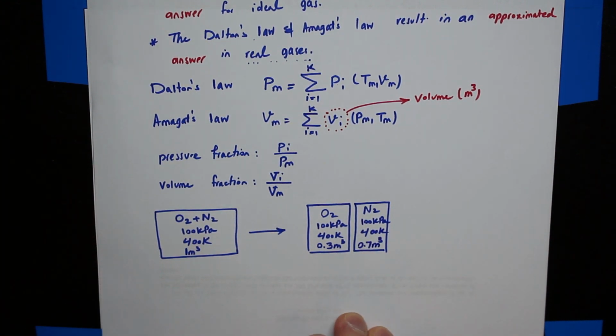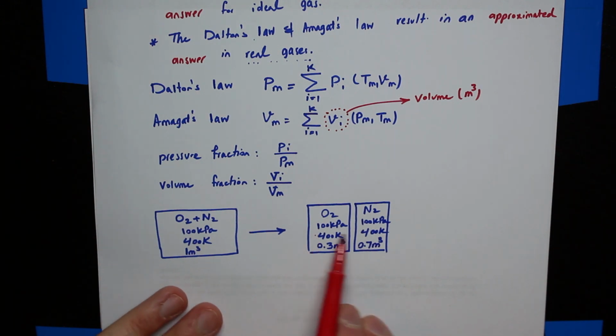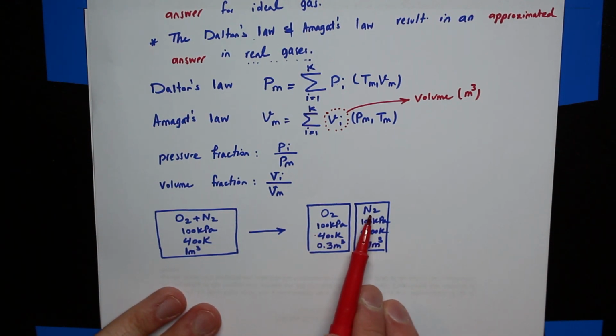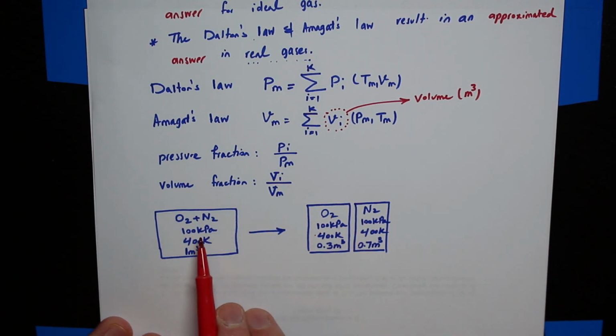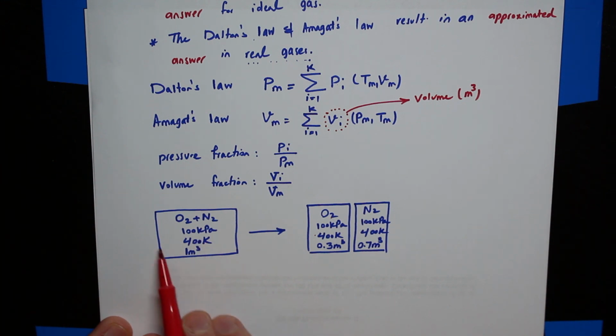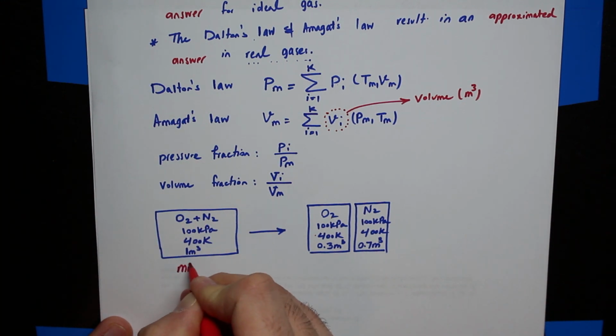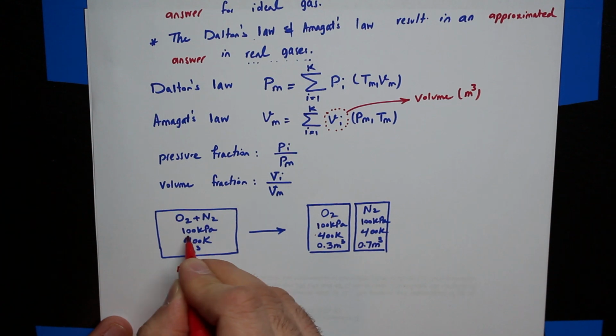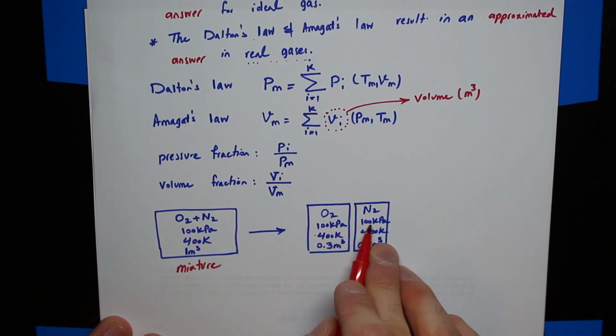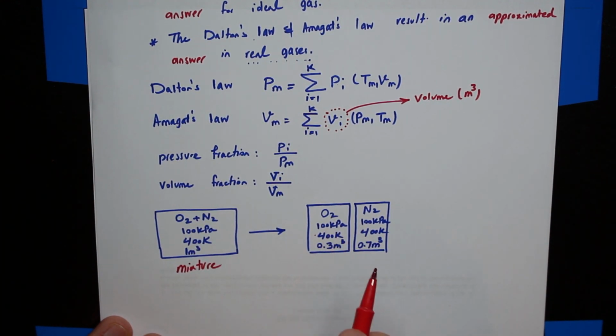So what happens here, these are the two components that we have, nitrogen and oxygen. Both of these components are at the same pressure, which is the pressure of the mixture. So this is the mixture here. The pressure of the mixture is 100 kPa. Each component is also at 100 kPa.